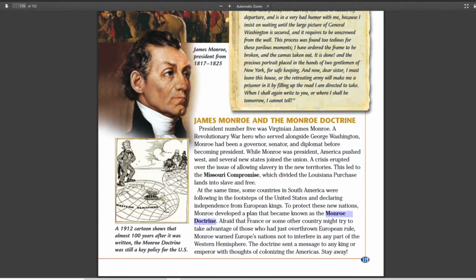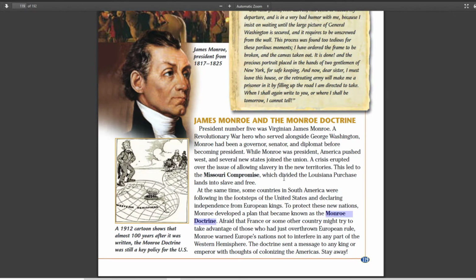And the Monroe Doctrine has been a force ever since. It's pretty bold for a young country, so that's why Monroe is well known for this. But yeah, it protects the Latin countries from European countries coming back in and trying to colonize them.